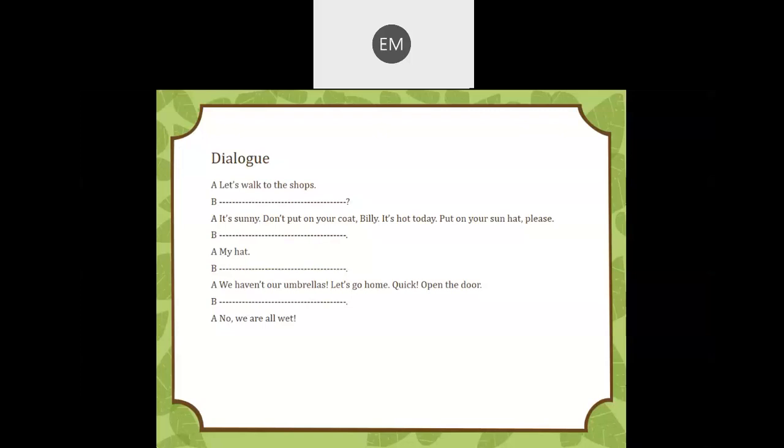If the aim is accuracy and you want to check with each student, definitely ask them individually. But if your main aim is fluency, it's better they practice in pairs. It depends on the aim of the activity.